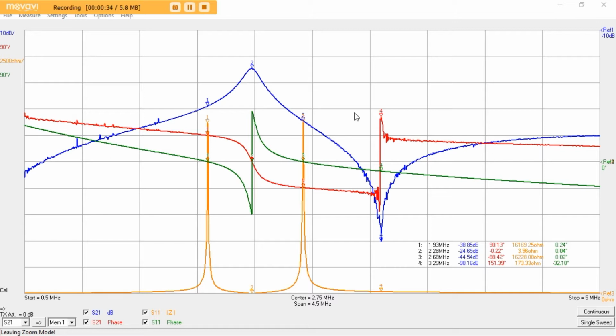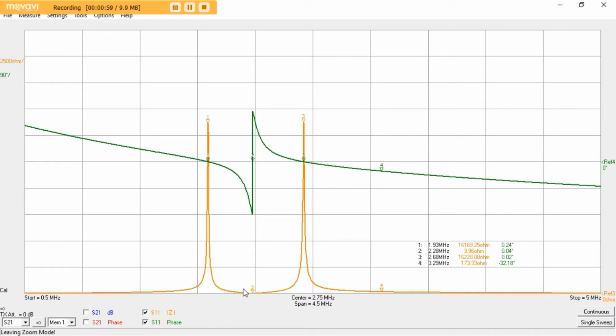We've got 3 turns set on the primary and I've got it balanced. I've adjusted the primary tuning capacitor, the vacuum variable capacitor, to about 550 picofarads to put it in balanced parallel modes, which we can see here.